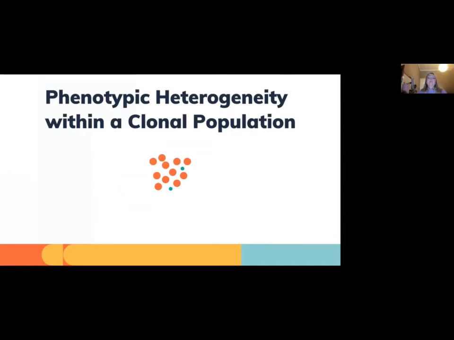And a source of variation in the response of microbial cells is phenotypic heterogeneity. So this is a phenomenon in which genetically identical individuals will have different characteristics. It was first characterized in the 1950s, I think, by Novick and Weiner.